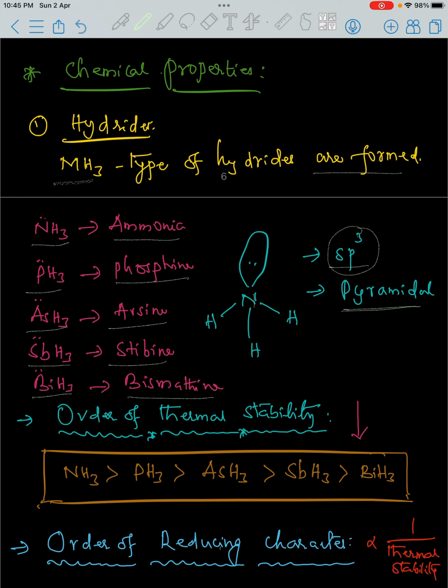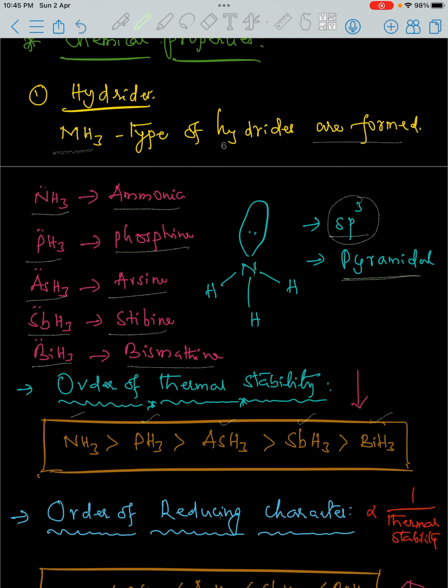NH3 is more stable than PH3, then AsH3, then stibine, then bismuthine. So NH3 is thermally most stable, whereas BiH3 is thermally least stable.